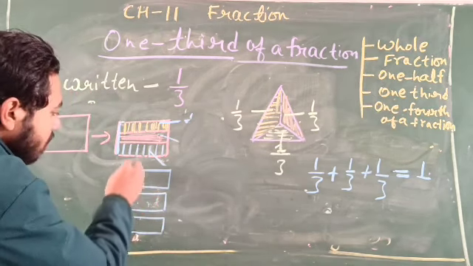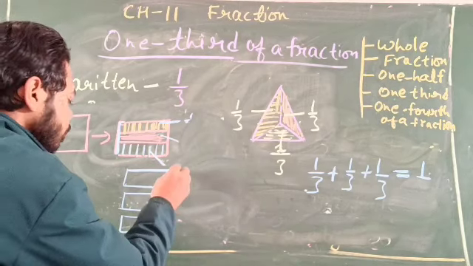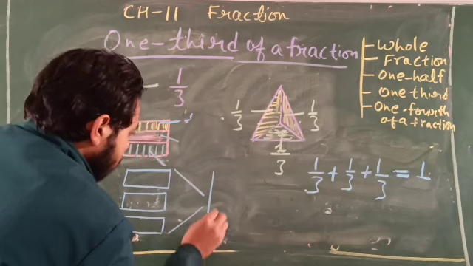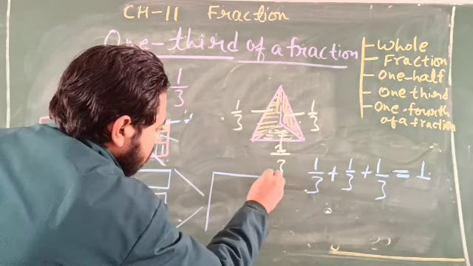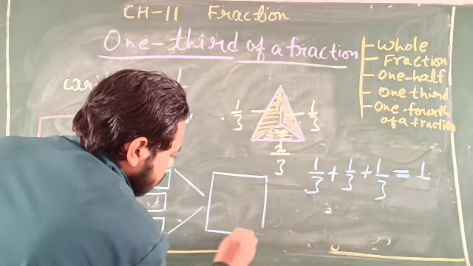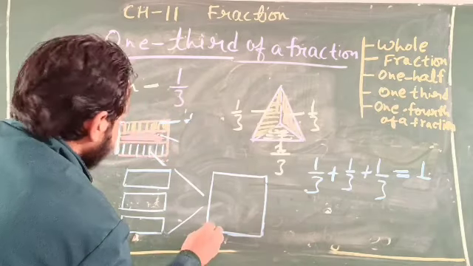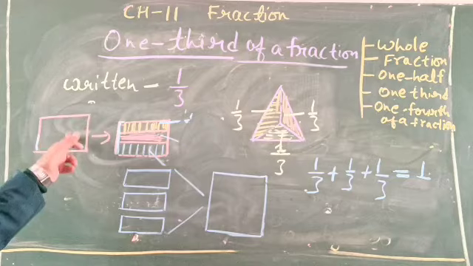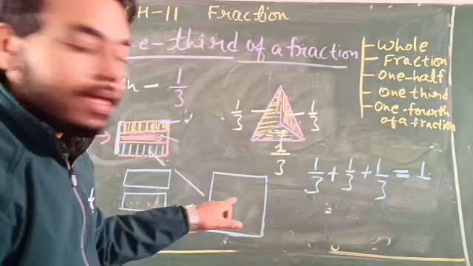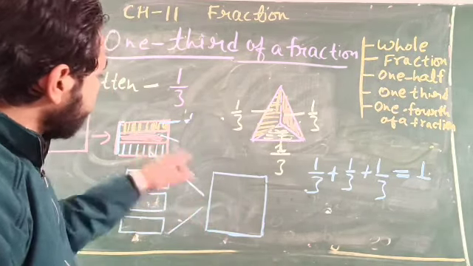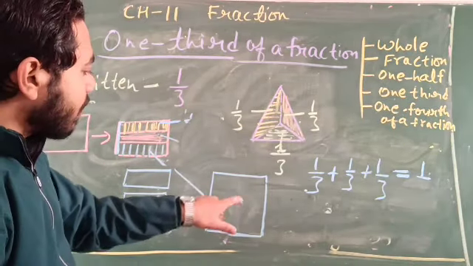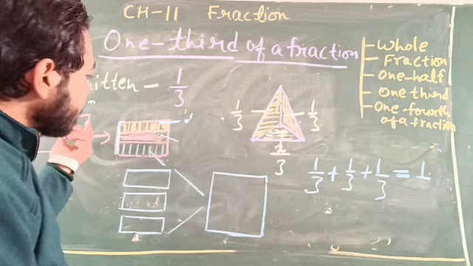When we add these, we get our original square. Here we get the same square. These two squares are the same.